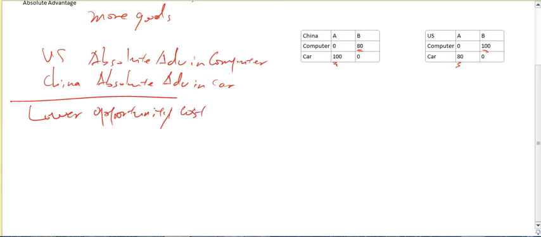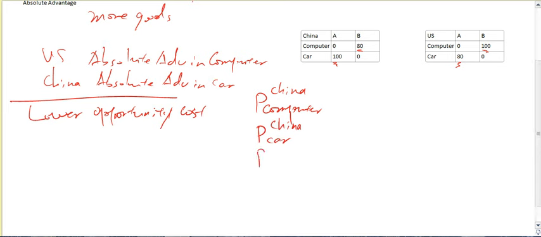To find the comparative advantage, before you find the answer, I want you to set up the four prices. First, find the price of computers in China in terms of cars, and the price of cars in China in terms of computers.